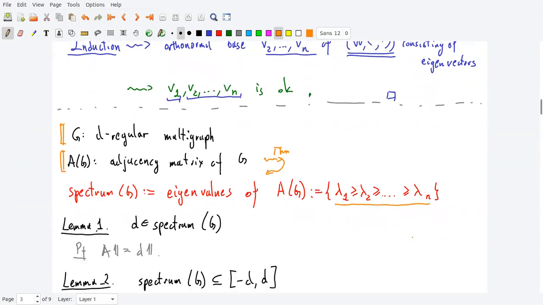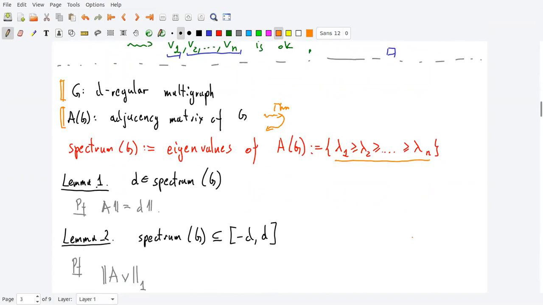So first of all, let's see some easy lemmas. Clearly we have already seen that d, the regularity of the multigraph, is one of the eigenvalues, because I have the eigenvector all ones, which exactly corresponds to this eigenvalue. Good, so this is lemma 1.